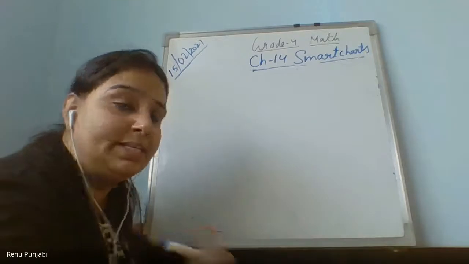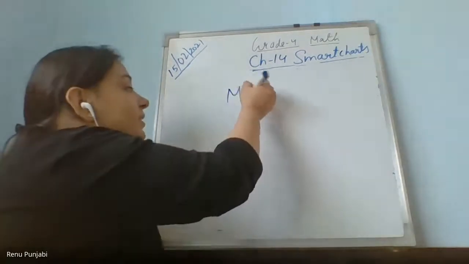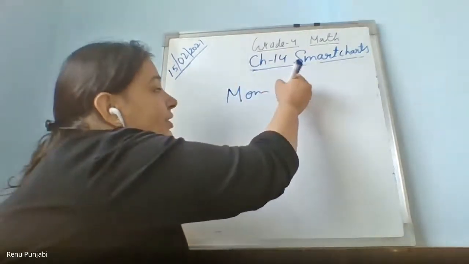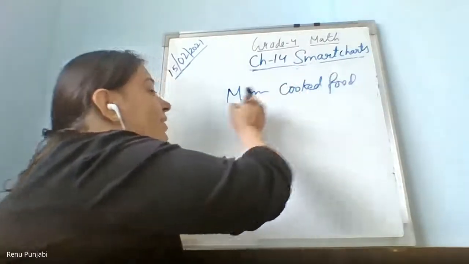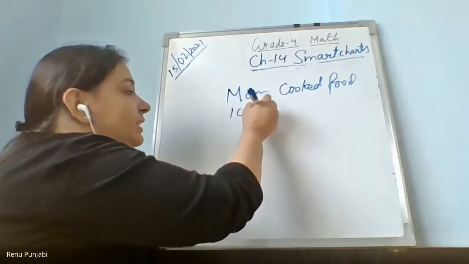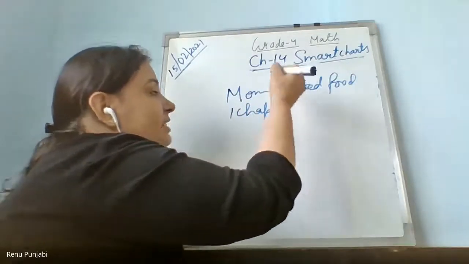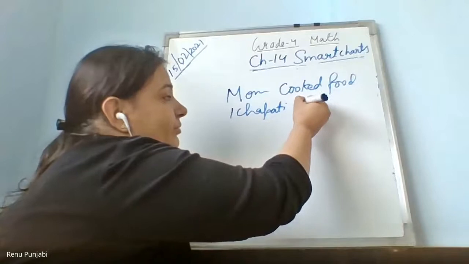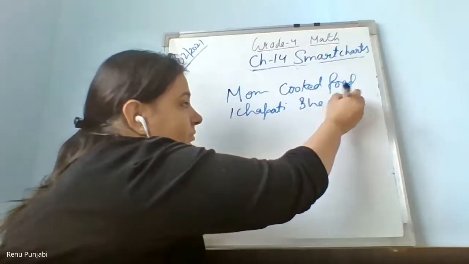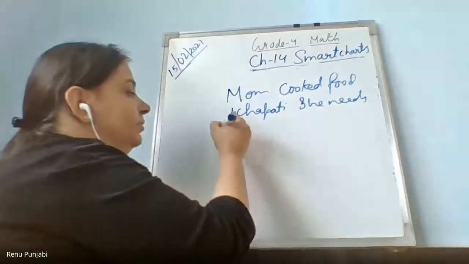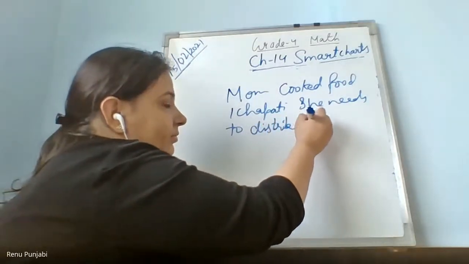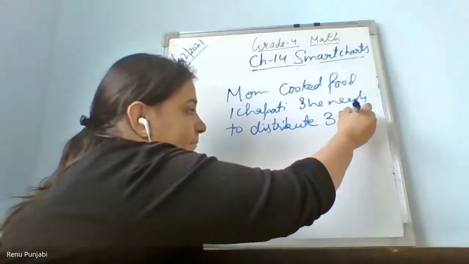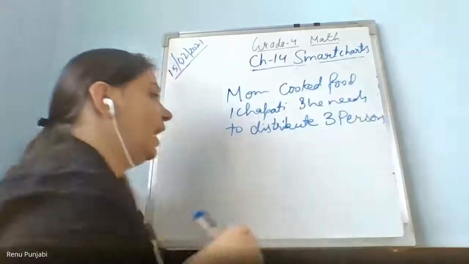The data is mom cooked food and she is having one chapati only, and she needs to distribute into 3 persons. And this is the whole chapati.